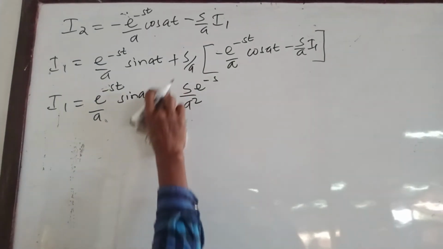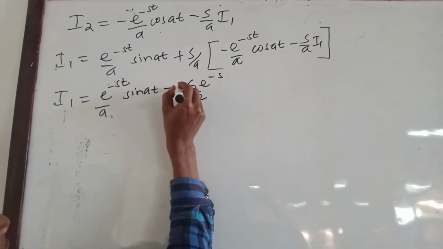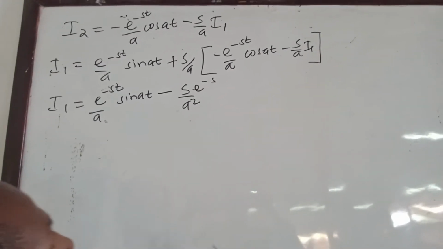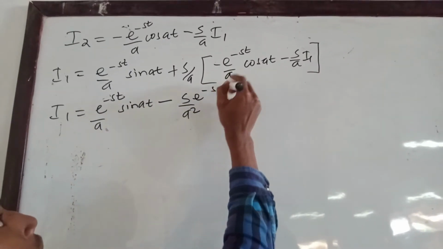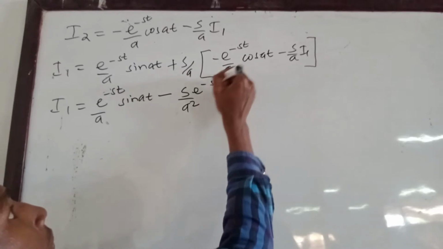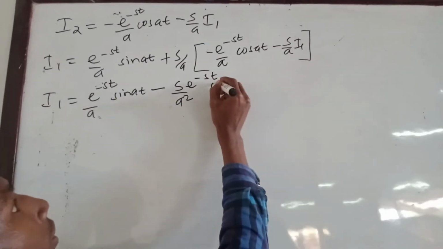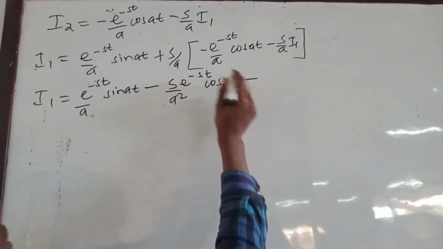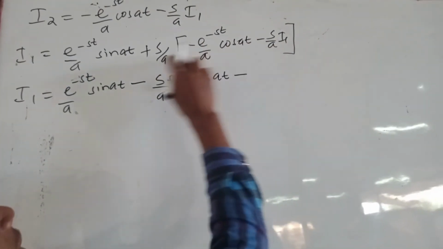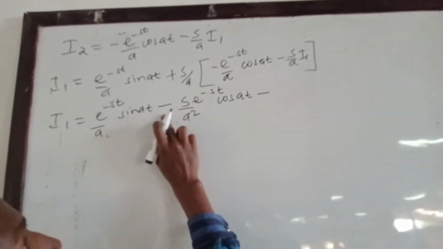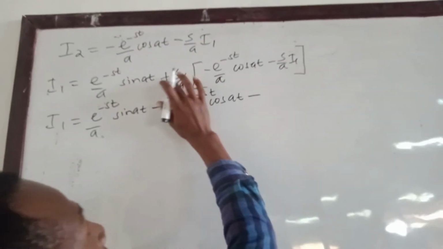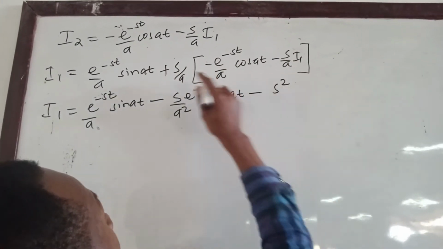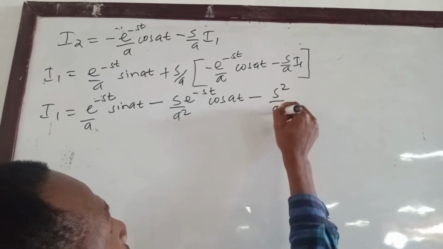So this one changes to negative. Hope we are together till there. So now we write e minus st cos at. You subtract. Plus times minus is minus. The same here, plus times minus is minus. So s times s is s squared, a times a is a squared.